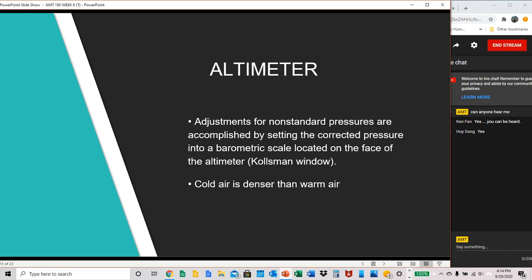If you've done the pitot-static project, you've probably seen the Kollsman window, which is where we read what the barometric pressure is set to. You can just as easily look up a picture of an altimeter as well. So make sure you know what the Kollsman window is. And just a note there, cold air is denser than warm air.